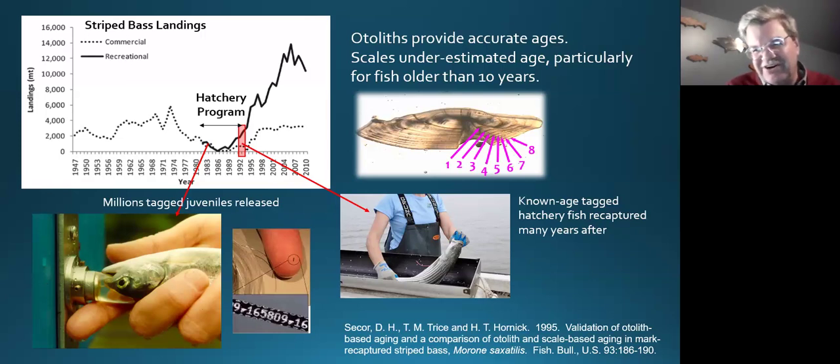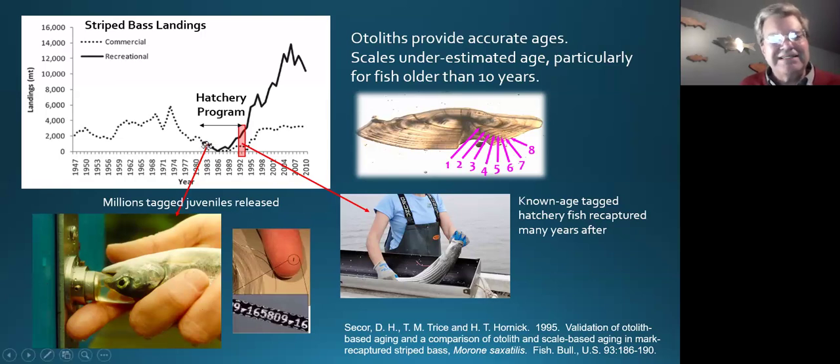These are young of the year, 3 to 5 month old juveniles each year during this hatchery program period. That was remarkable. They had a trailer set up with workers working day and night, injecting juvenile striped bass with these little coated tags. I'm sure they injected a few of their fingers along the way too when they got tired. But in any case, they had all these tagged fish out there.